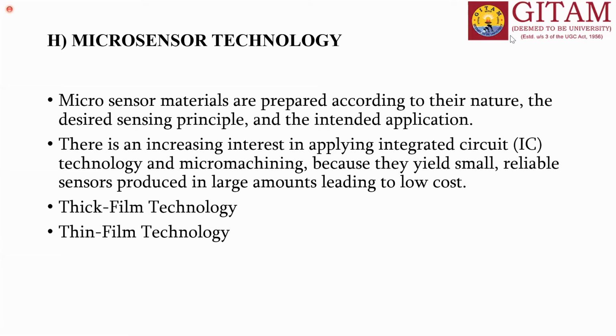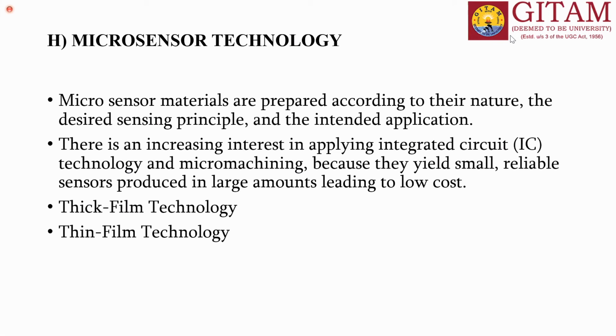After the gyroscope, we will enter into the other type of sensor technology, that is micro sensor technology. Micro sensor materials are prepared according to their nature, the desired sensing principle and the intended application.